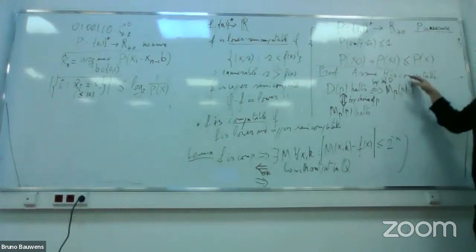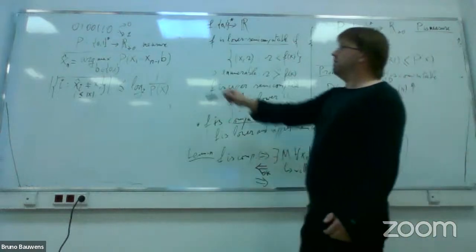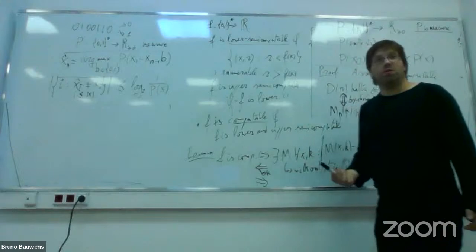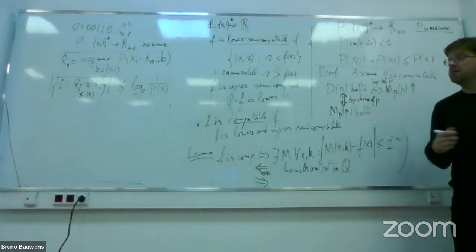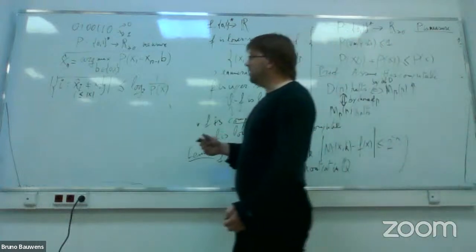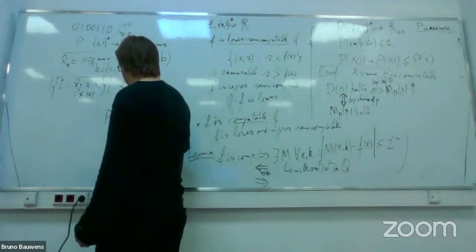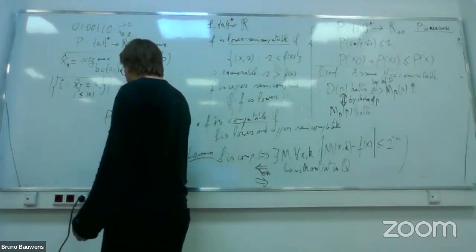So the answer must come from here. Let us look at the predictor. We take the maximal probability here. So what do we know about the probability when we make a mistake? Imagine that at x_i we make a mistake. What do we know about this ratio?